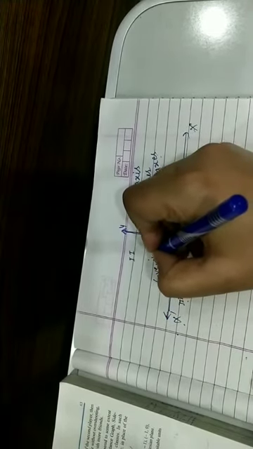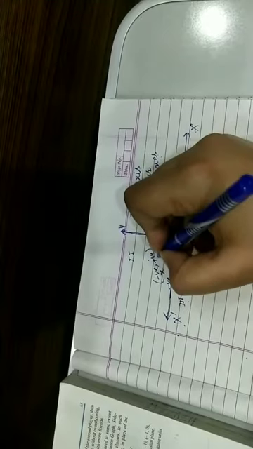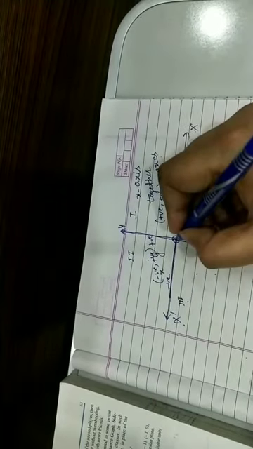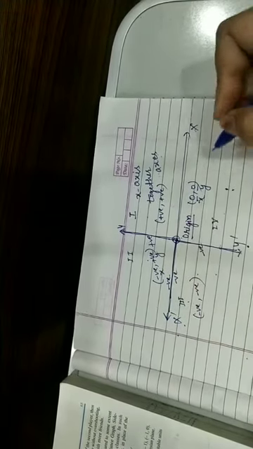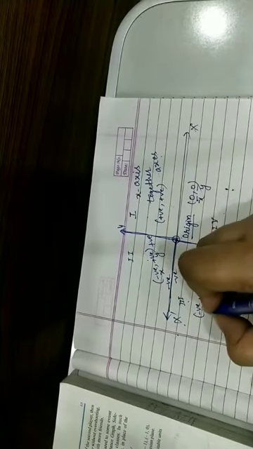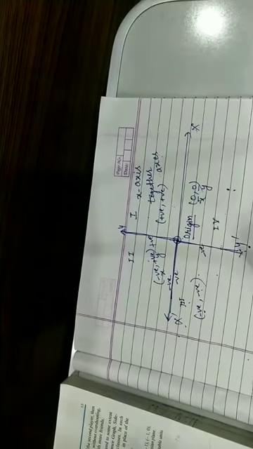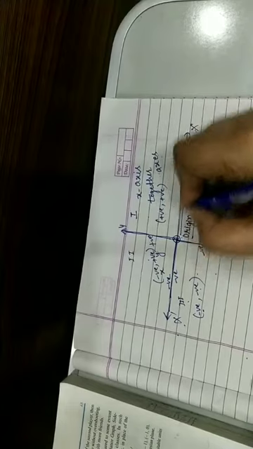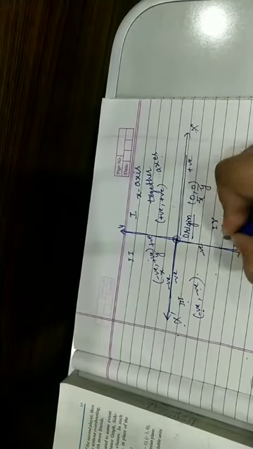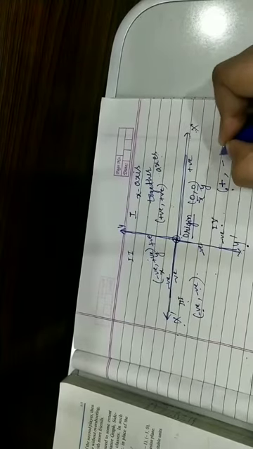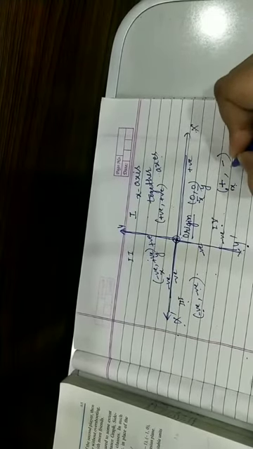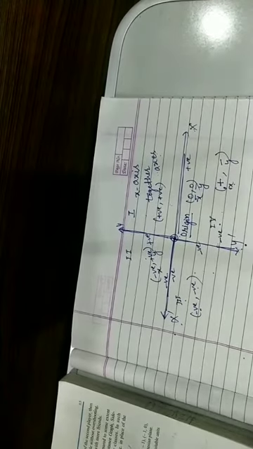So you can write negative and positive: x is negative, y is positive. In the third quadrant, both x and y are negative, and in the fourth quadrant, x is positive and y is negative. So you can write positive and negative. This is representing x and this is representing y.